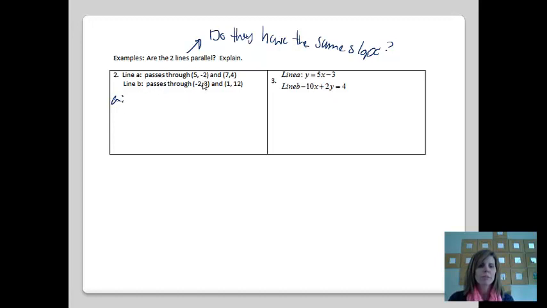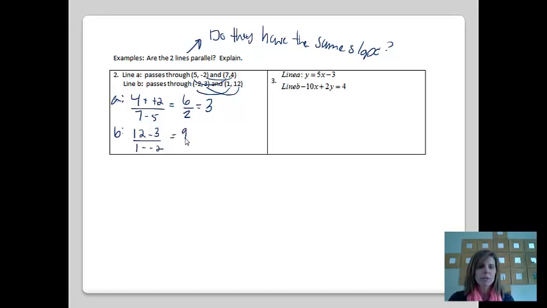So what we're going to have to do is find the slope. So I'm going to subtract 4 minus -2, and then I'll subtract 7 minus 5, and that will give me 6/2, which gives me a slope of 3. So A has a slope of 3, and now let's take a look at B. We'll have 12 minus 3, remember it's always the second value minus the second value, over 1 minus -2.